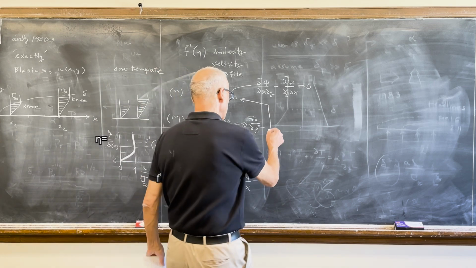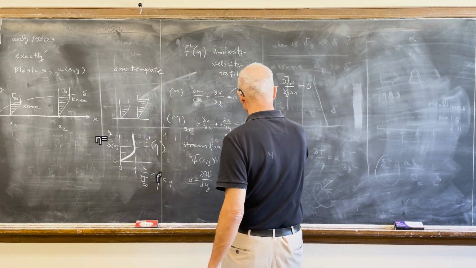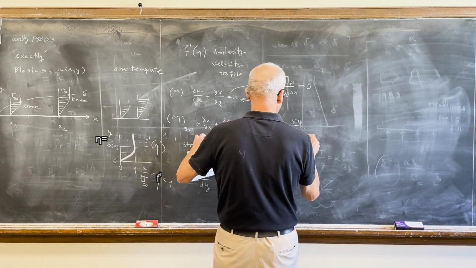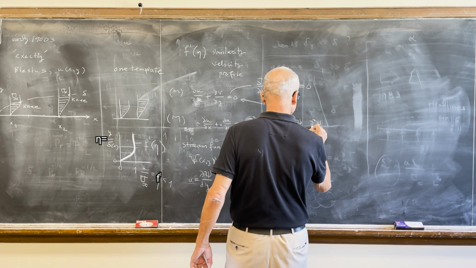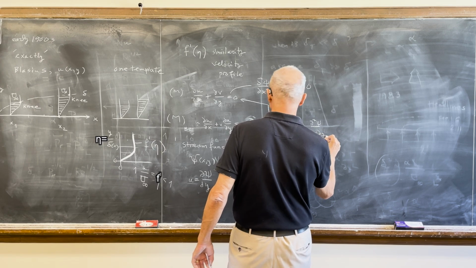In fact, I'm not going to go through these details, but you can get the idea that for u, you get d psi dy. For du dx, you get d2 psi dx dy.